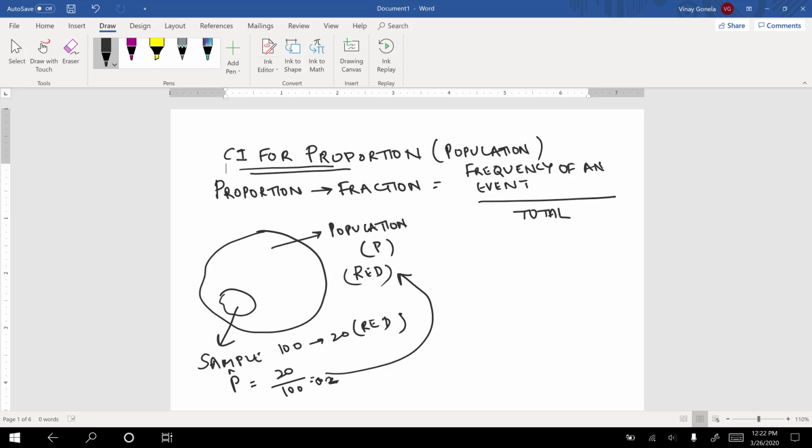So we can make an inference about the population, maybe 0.2 or 20% of the people in Killeen like color red. That's how you make inferences, but this is a point estimate. We are just giving one point, and we don't have confidence about our analysis. So we wanted to give a range for this proportion.